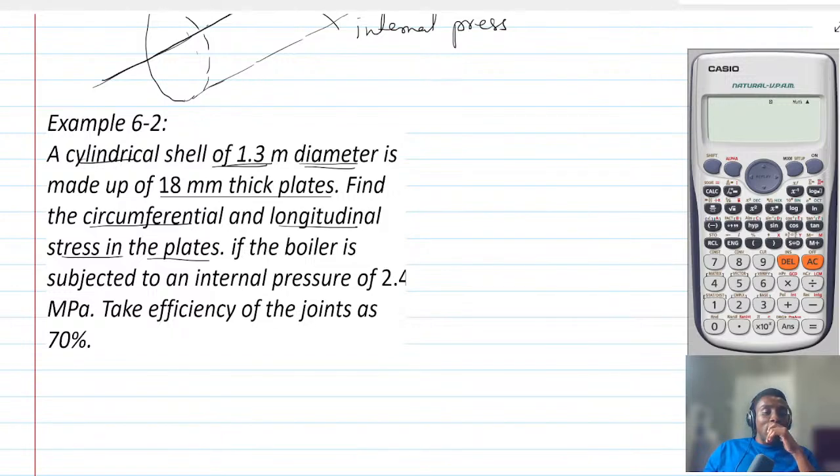The circumferential stress for a cylinder, we have a thin walled vessel which is a cylinder, and we have a thin walled vessel which is a sphere.